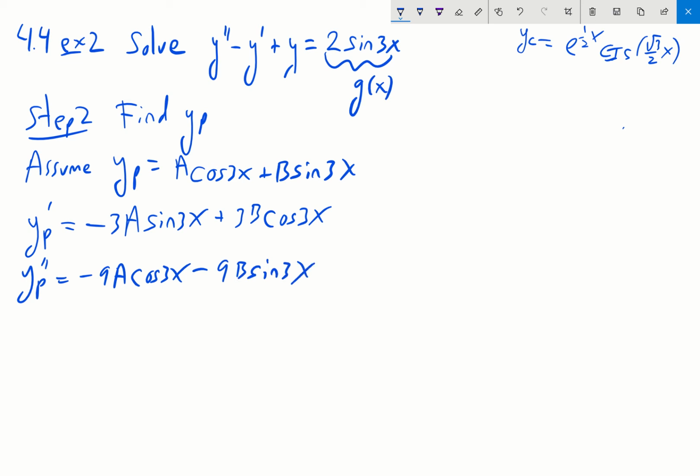So we have y sub p, y sub p prime, and y sub p double prime. Let's go ahead and plug them into the differential equation.